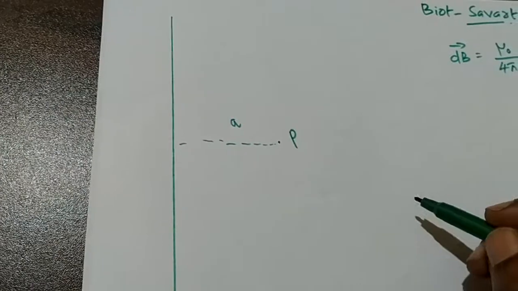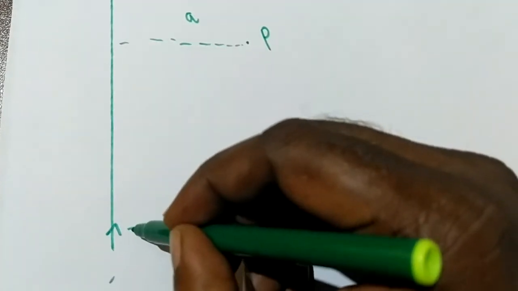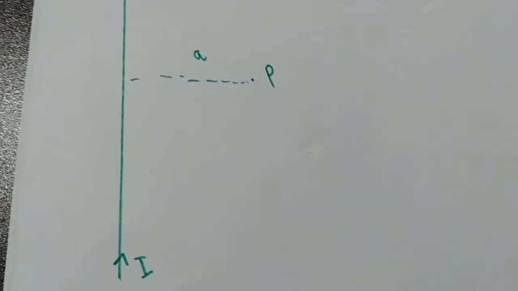And now we are going to calculate the magnetic field due to the current I, which is flowing through this current carrying conductor.